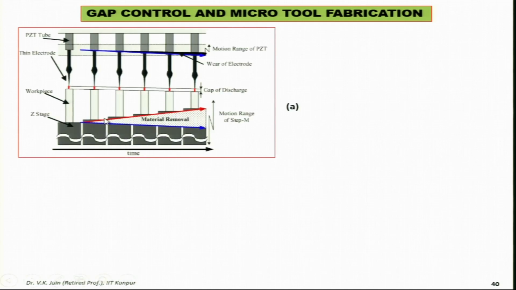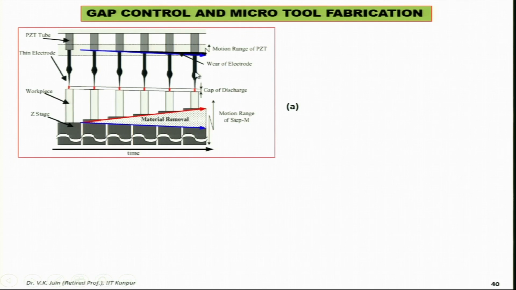Now here you can see an interesting graph: these are the micro tools and this is the workpiece. What I am trying to show here is, this is one workpiece, this is the inter-electrode gap. Now as you move this, that means time is moving, and this is the material removal at different timings. So you can keep removing the material, and this is the micro tool.